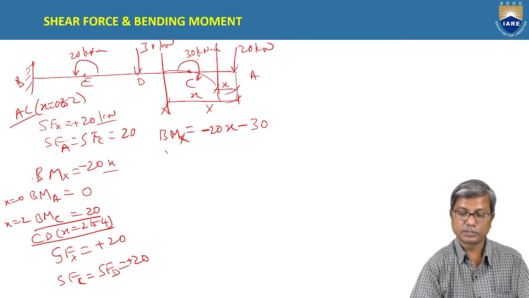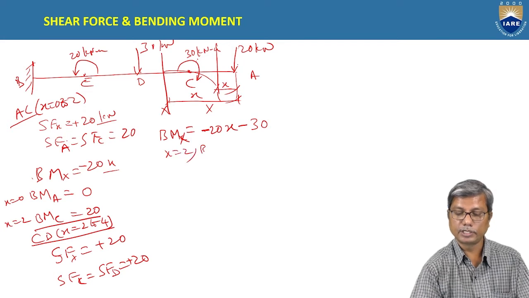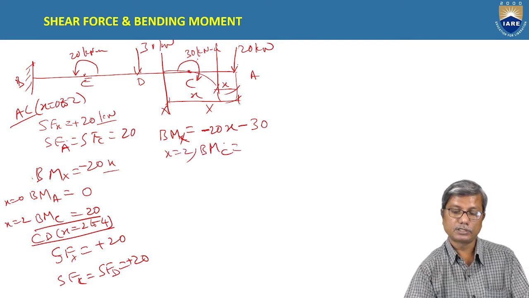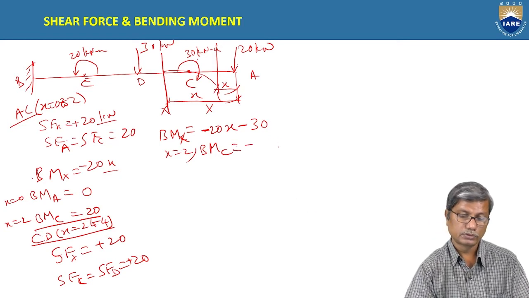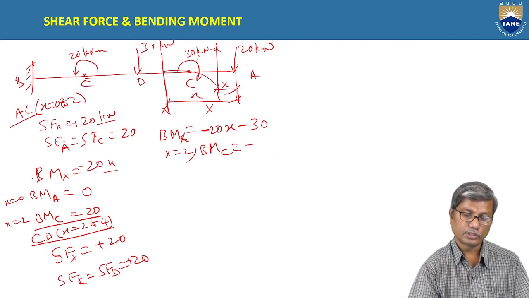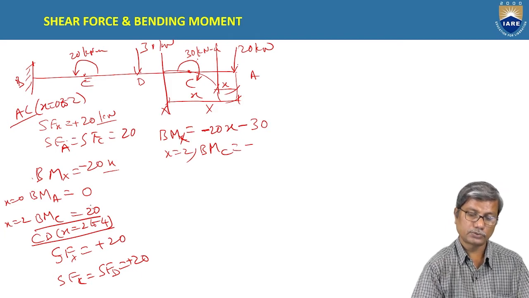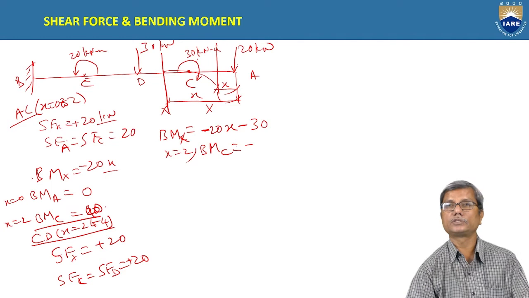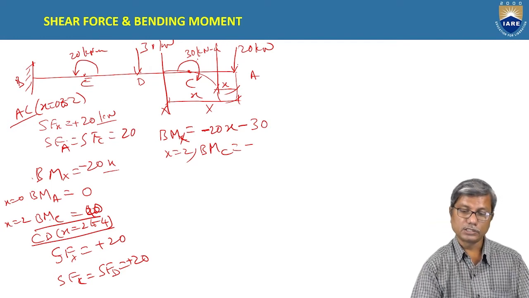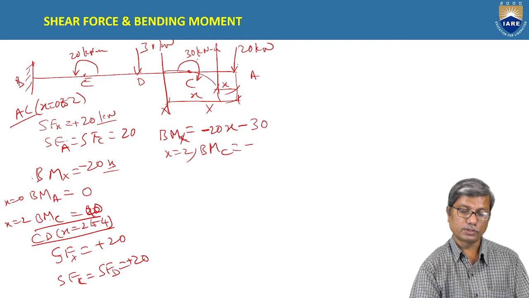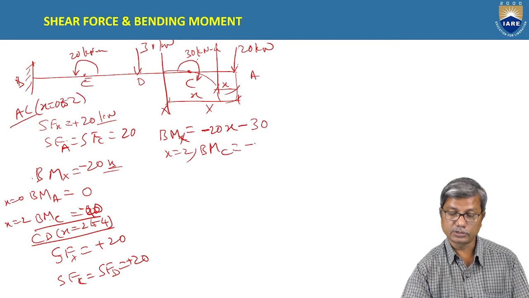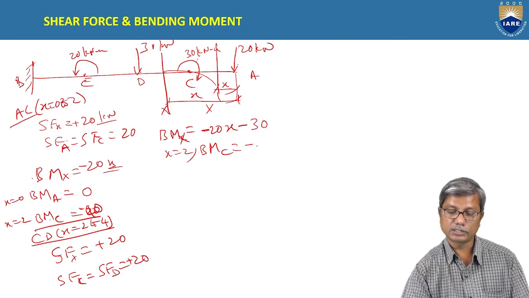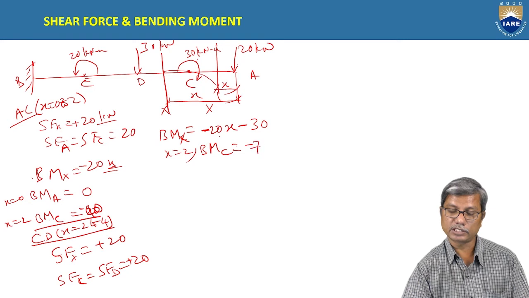Now we substitute x equal to 2 and get the bending moment at C. Considering portion AC at x equal to 2 meters, bending moment at C is minus 40. Here also, bending moment at C is minus 40 minus 30, minus 70.